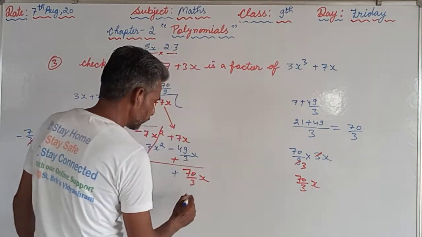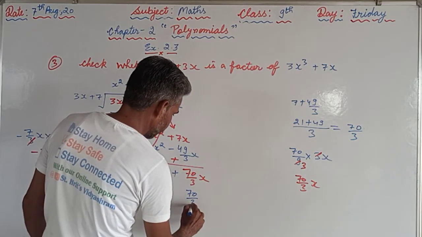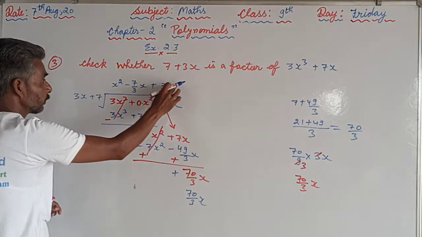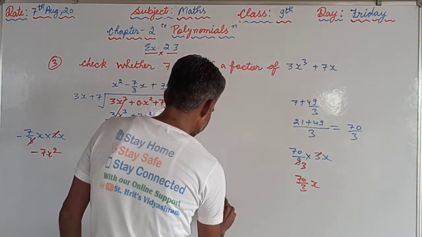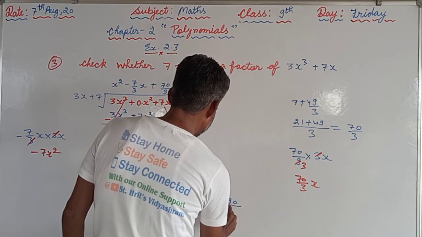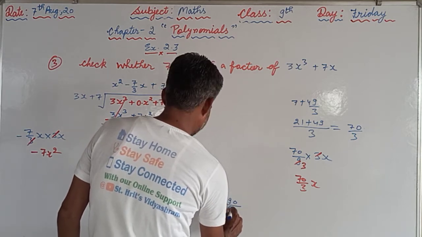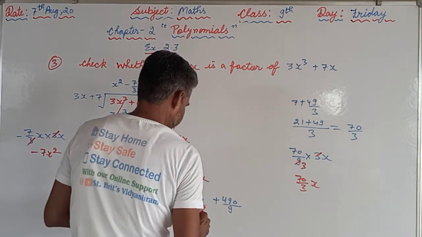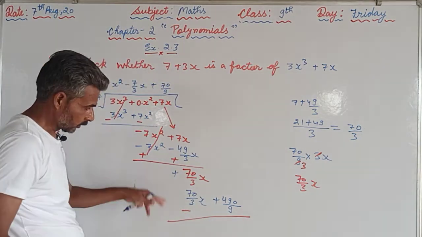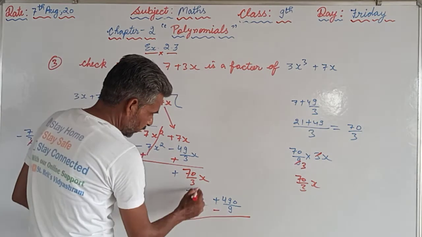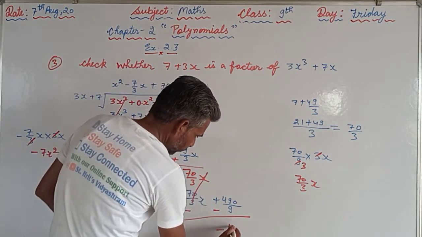So we will write here 70 upon 3x, and afterwards we have to multiply this by this as well. If you multiply that, we will get plus 490 upon 9. Again we will subtract, the sign will be changed, and here we will get minus 490 upon 9.